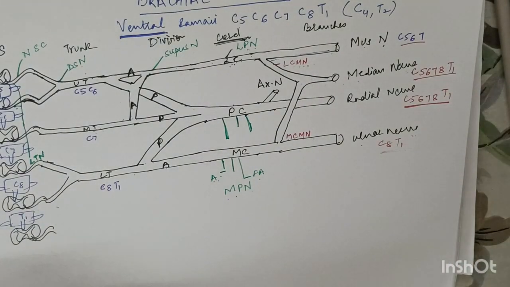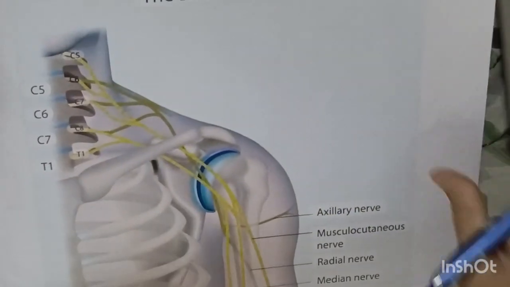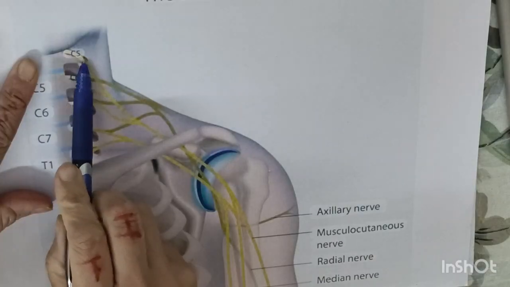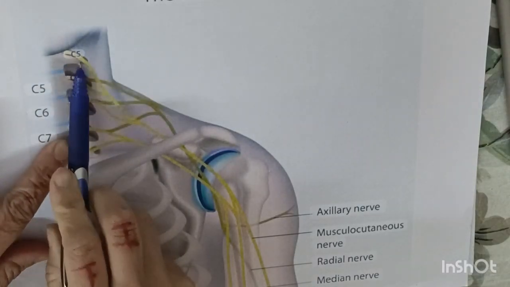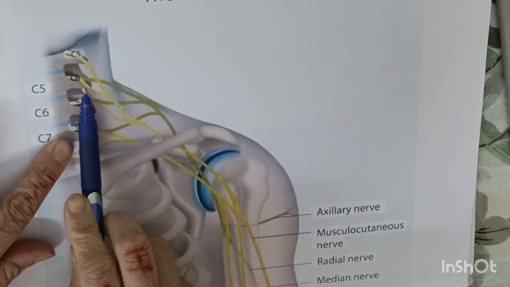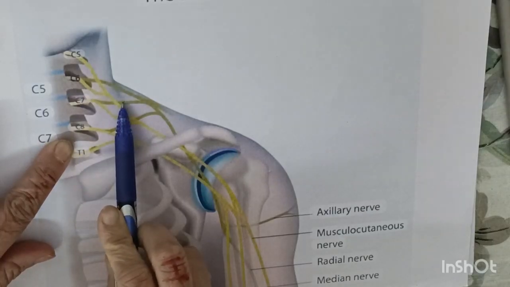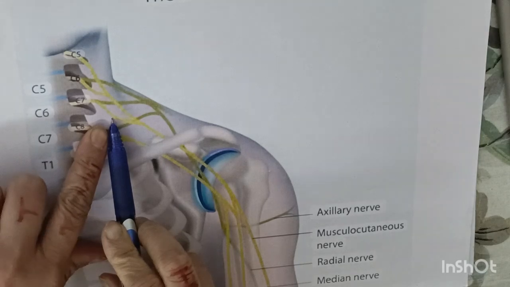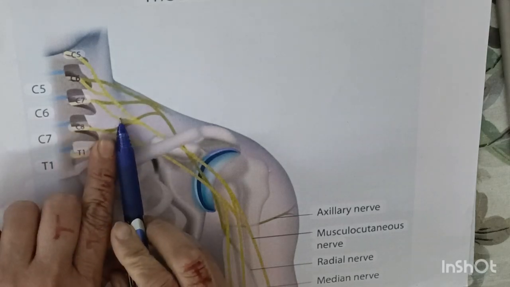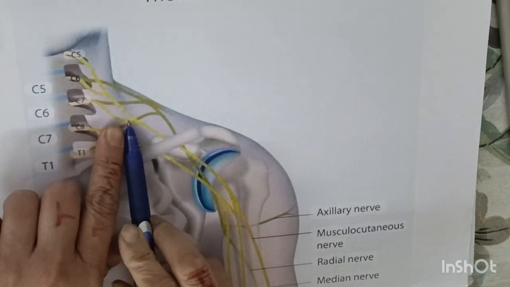Fine. Now let us see the anatomy of it through this image. The brachial plexus arises at the back of the neck, wherein it enters the scalene triangle. You can see first the roots as well as the trunks passing through this scalene triangle.